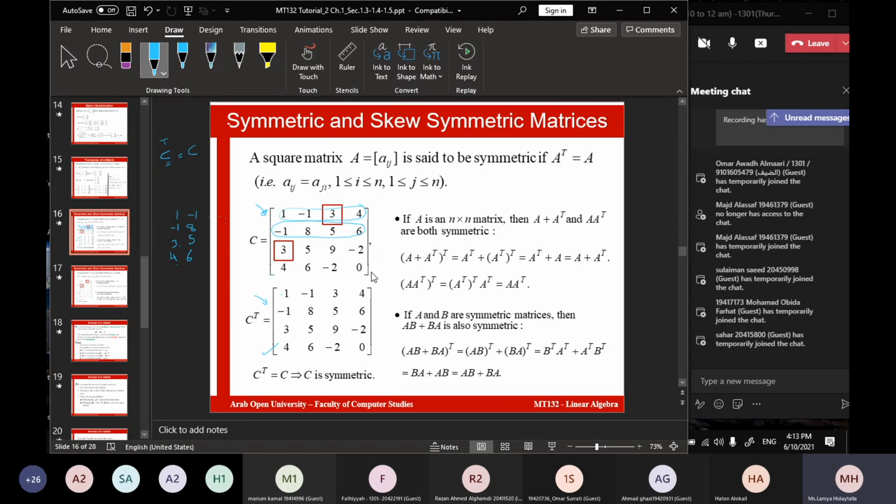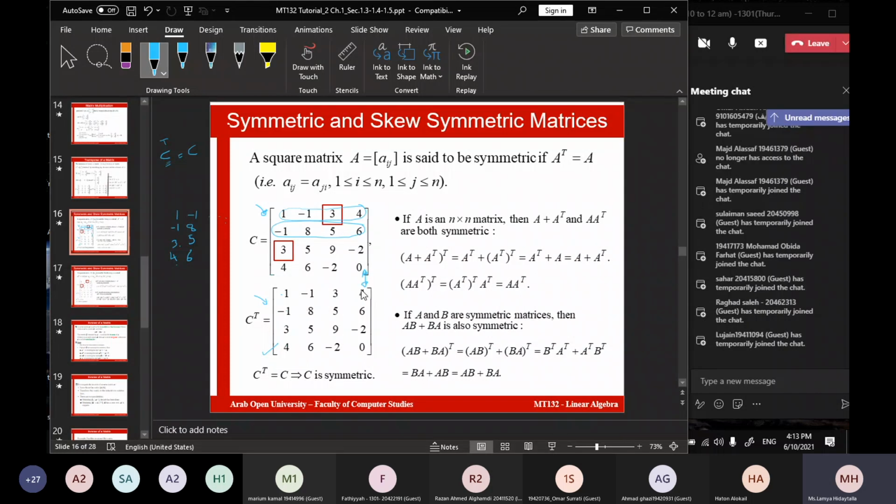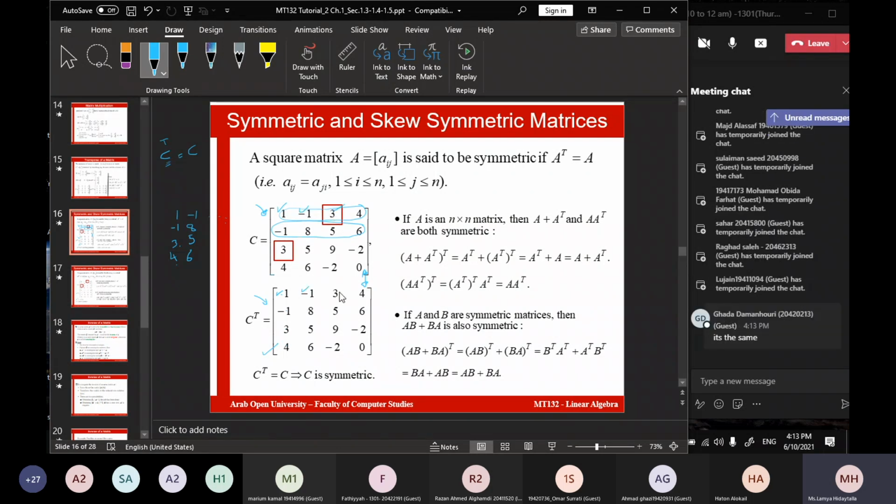Now, compare this matrix with this matrix. What do you find? You will find that this is 1, this is 1, this is minus 1, this is minus 1, 3, this is 3, and etc. Minus 2, this is minus 2. So you're getting the same matrix. So C transpose is equal to C. If this happens, we say that this matrix is a symmetric matrix.